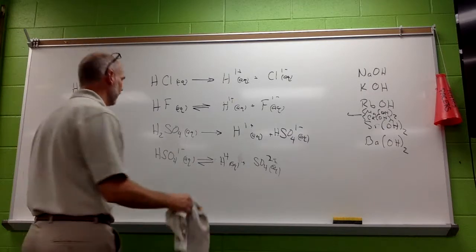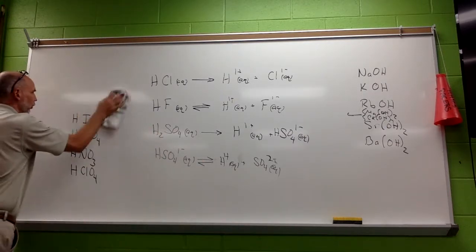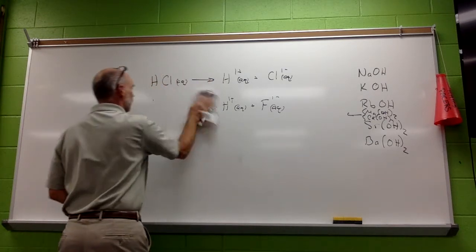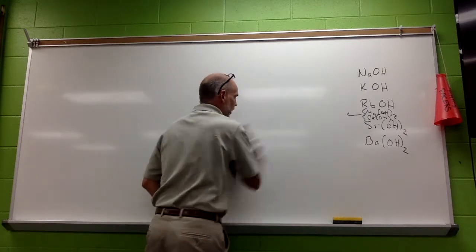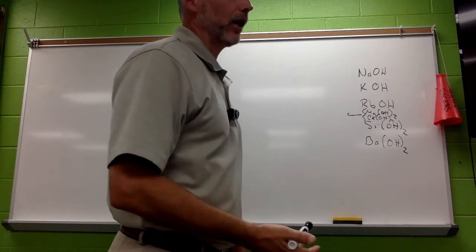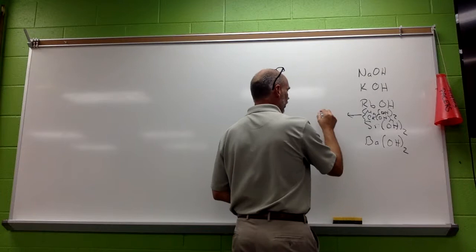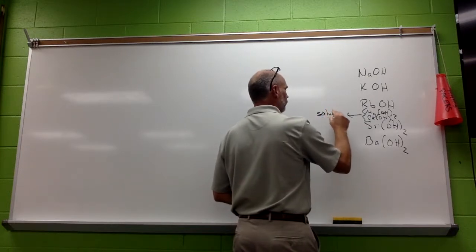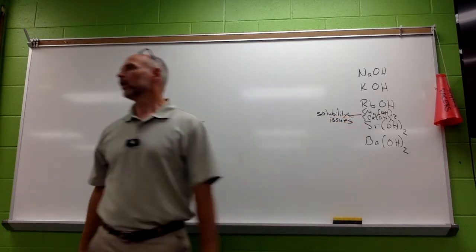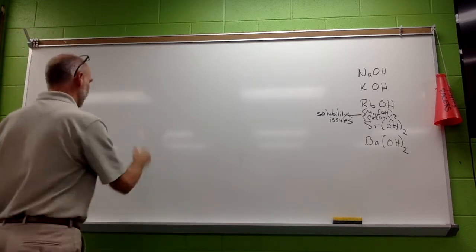Okay? Now, I'm doing this a little bit ahead of the game, okay? But since we're on the topic, we might as well finish the whole discussion off. Now, what about a weak base? Magnesium and calcium hydroxide. The reason I put a little arrow here is because I said there were solubility issues here. Okay, now, what does a weak base do? How does it behave as a weak base?